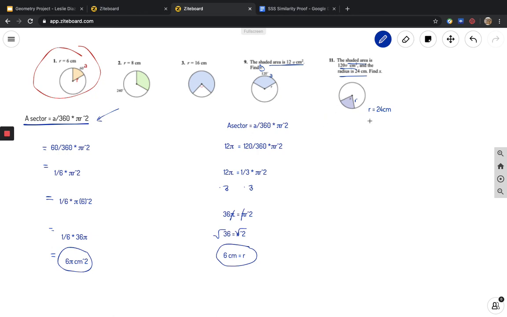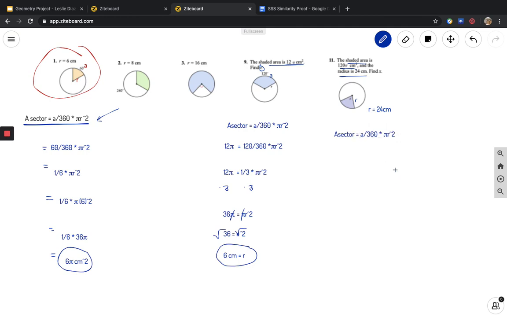And we know the area, which is 120 pi, sorry. So what we are going to do is plug in what we know to our equation. So we know our equation, which is over here, the area of a sector. Area of a sector is equal to A over 360 times pi r squared.